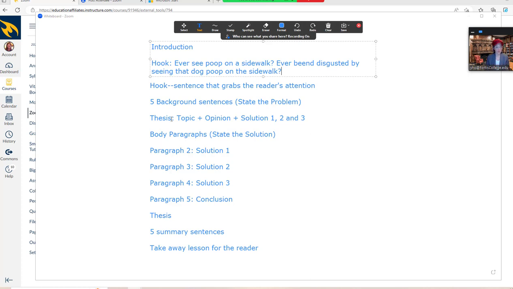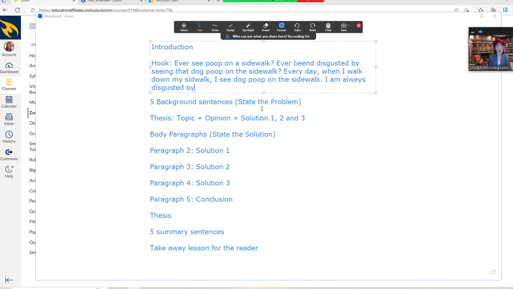Then the next one is 5 background sentences where you state the problem. Every day when I walk down my sidewalk, I see dog poop on the sidewalk. I am always disgusted by the dog poop on the sidewalk.